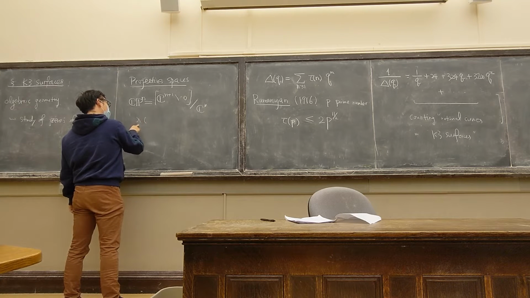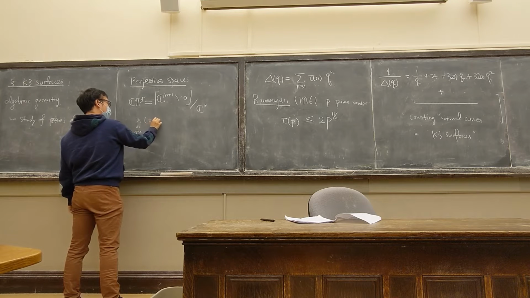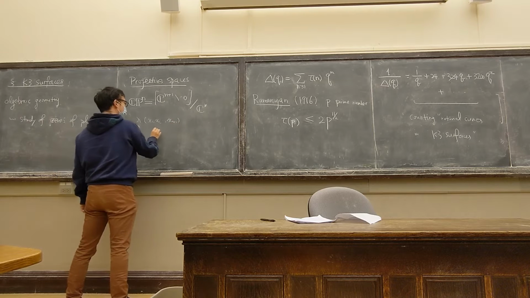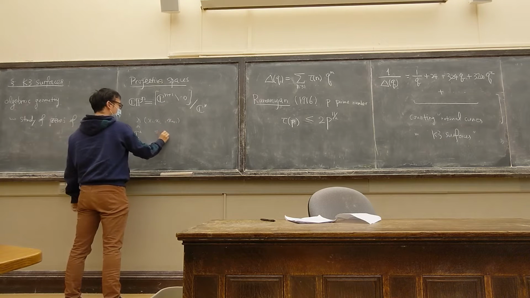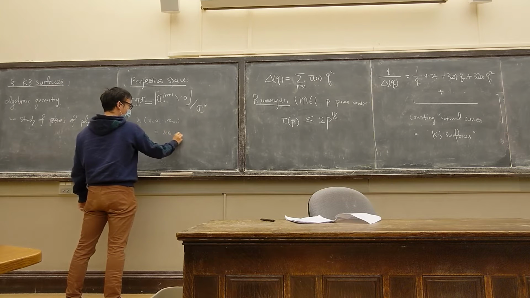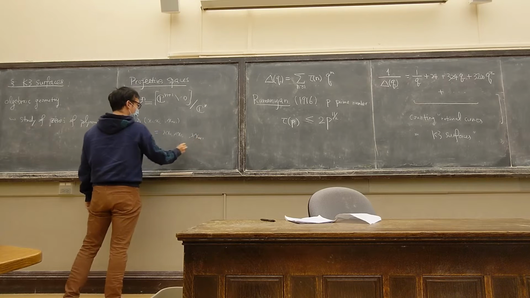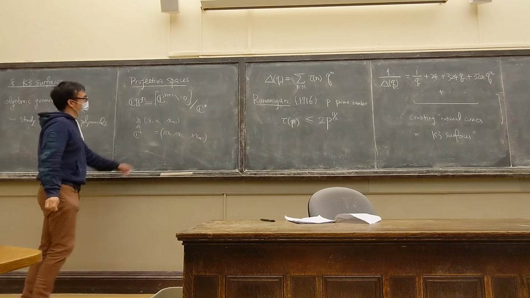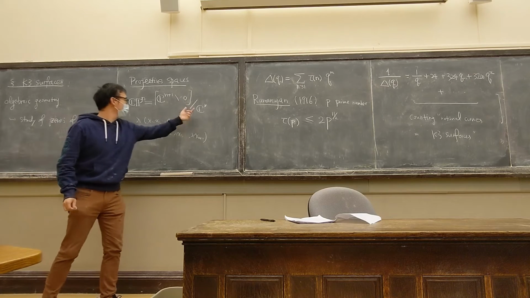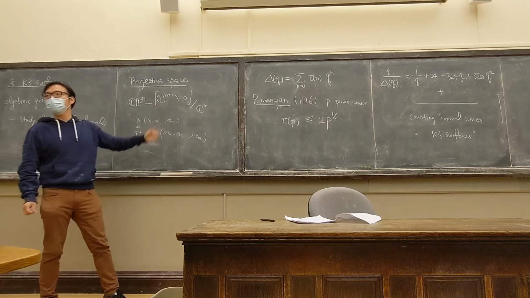So lambda, which lies in C star, acts on (x1, x2, ..., x_{n+1}), and the action is just the scaling action on every coordinate. Okay, so you have C^(n+1), removing the 0, and then you consider the most natural action of C star on this space and take the quotient.